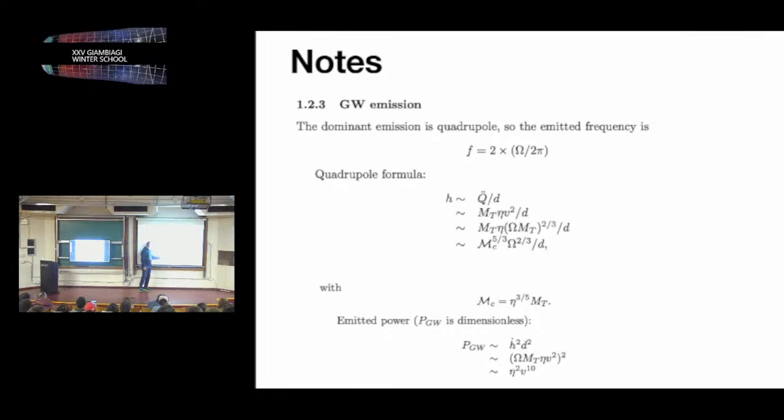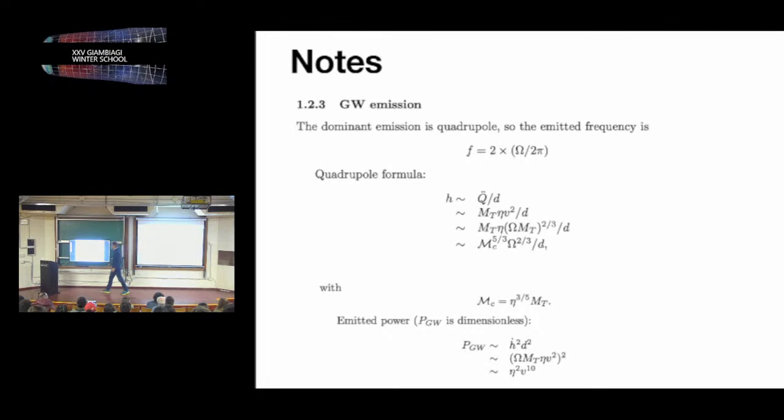Let's say when v is of order 1, you merge, the total power at that time is some constant of nature, this c to the 5th divided by G, times some correction because of this v to the 10, which, even if you put 0.5 to the power 10, is going to be smaller than 1. So this number is smaller than 1.